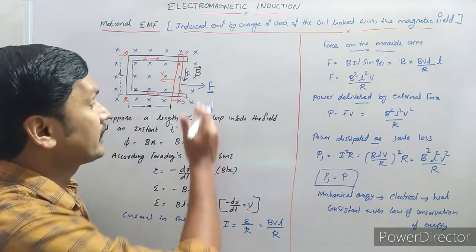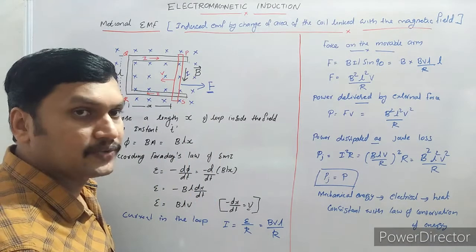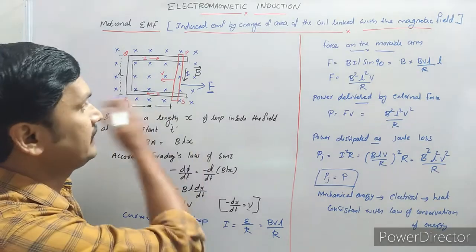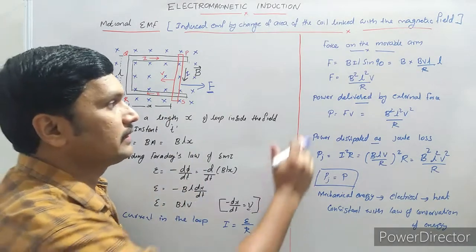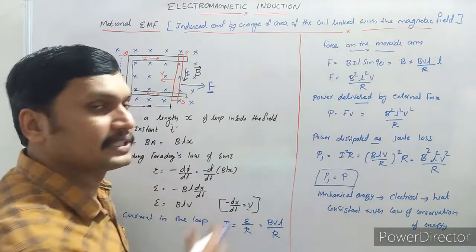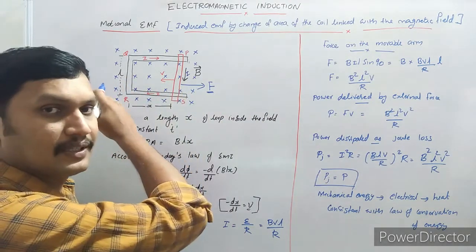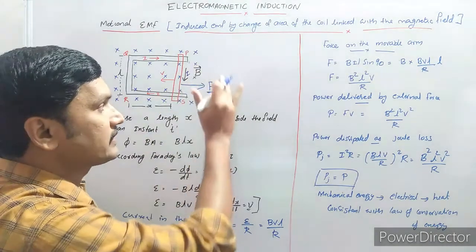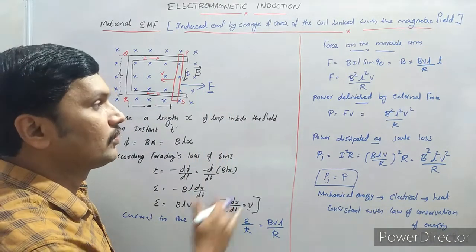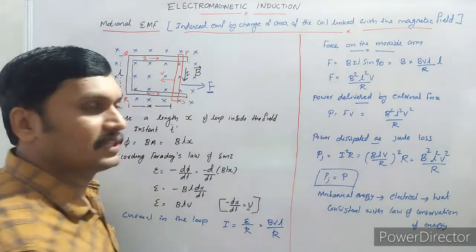Now, once we are continuously applying a constant force to maintain this motion, we can calculate the power delivered by the external force. An external force should be applied to move this conductor to oppose the magnetic force. So what is the power delivered by the external force?